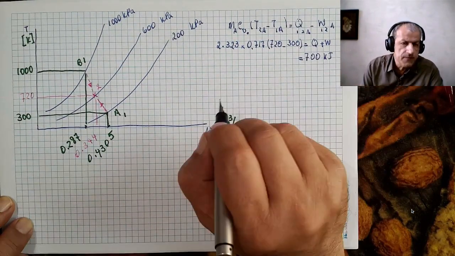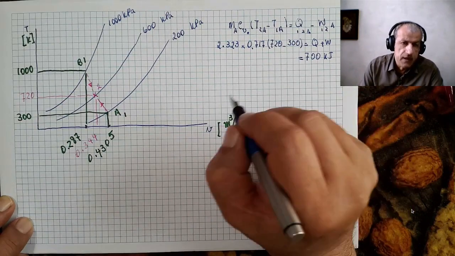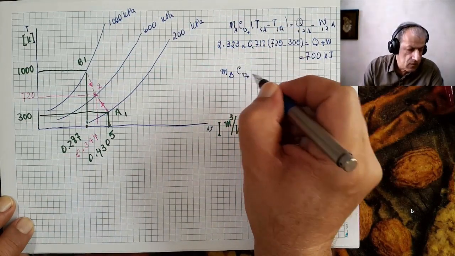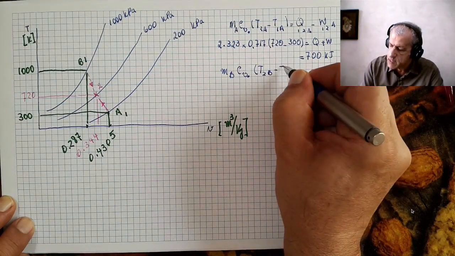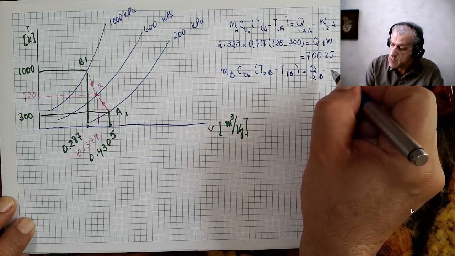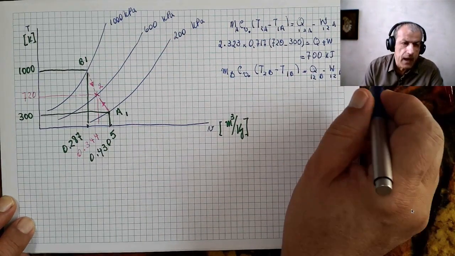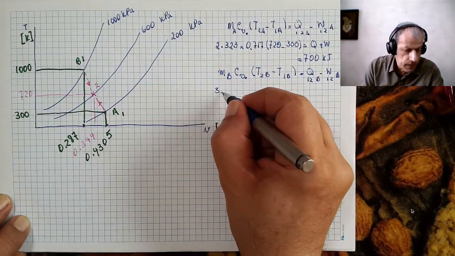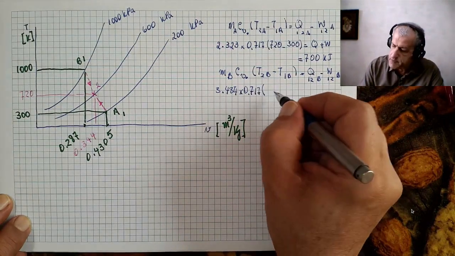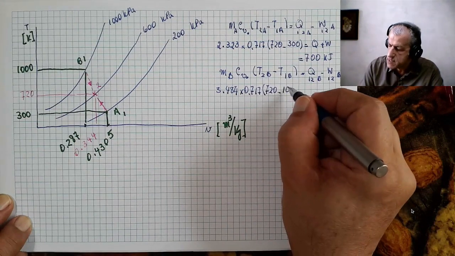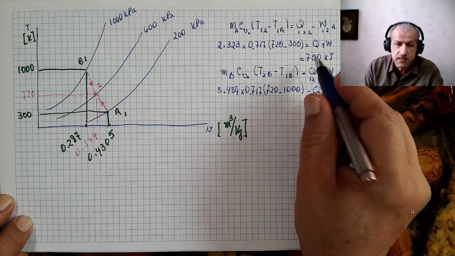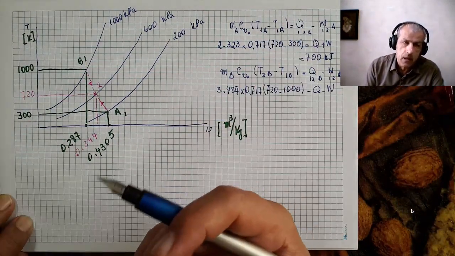700 kilojoules. At the same time, if we do the same for B, it would be mB times Cv0 times T2B minus T1B equals Q12B minus W12B, and the outcome is 3.3484 times 0.717 times 720 minus 1000, and that also equals minus Q and minus W. I have changed the sign just to show that they act in the opposite way.